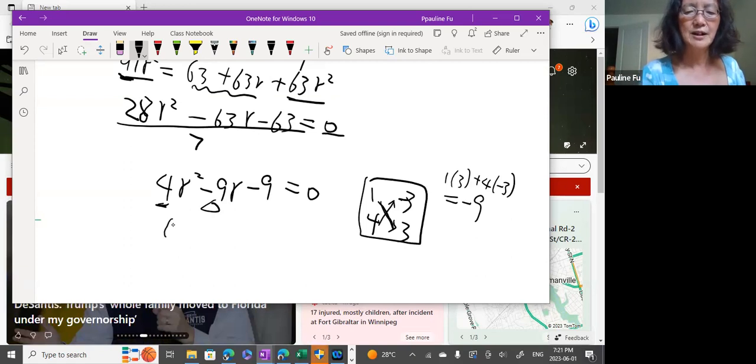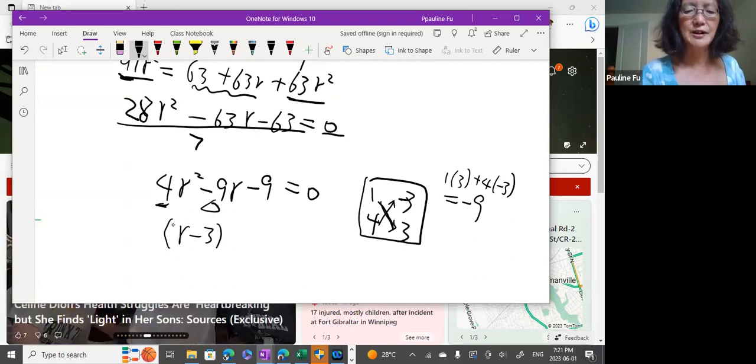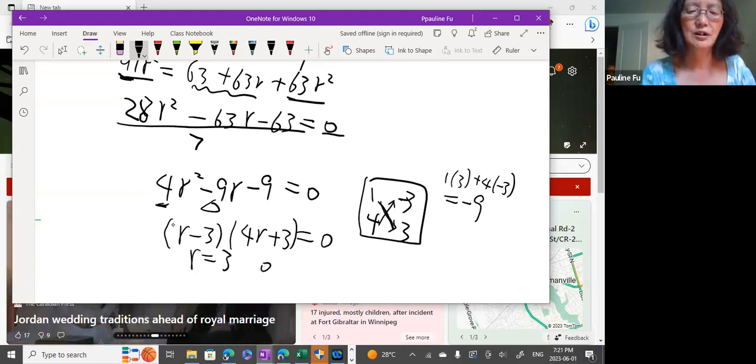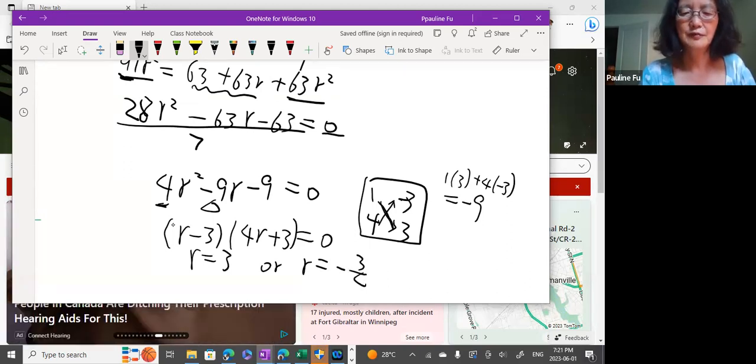So we write down (R minus 3) times (4R plus 3) equal to 0. And then R equal to 3 or R equal to negative 3 over 4.